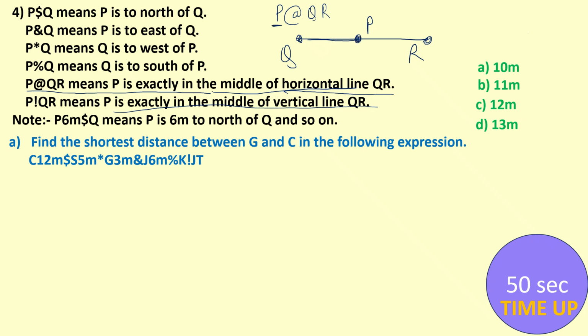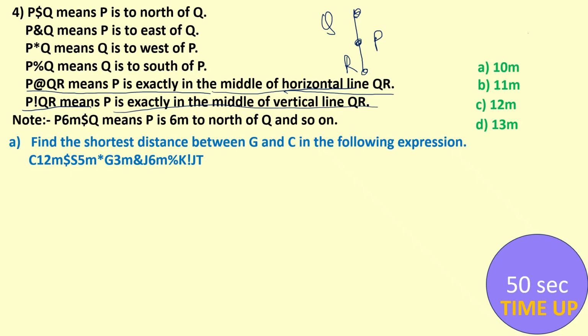P is exactly in the middle of Q and R. Understood? And one more expression they have given you saying that this P explanation QR means P is exactly in the middle of the vertical line. Vertical line is this. So P is exactly in the middle of Q and R.